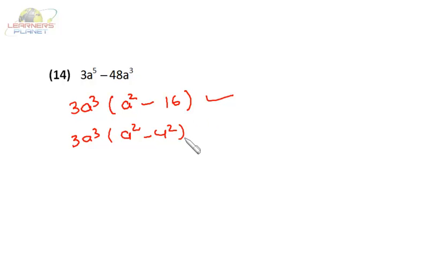Now from this step we are using an algebraic identity, that is x square minus y square equals x minus y into x plus y. So just factorize it. It's a minus 4 and a plus 4. As we are moving ahead, we are using multiple techniques for factorization.